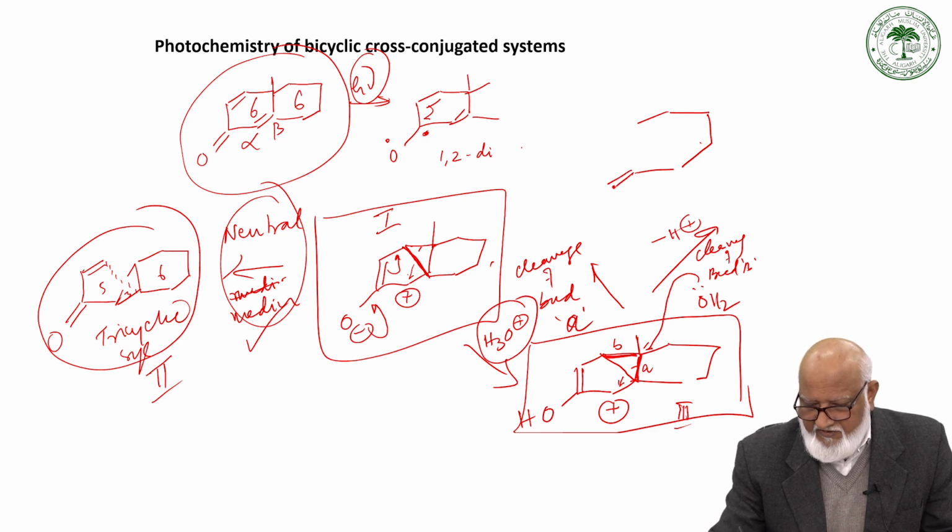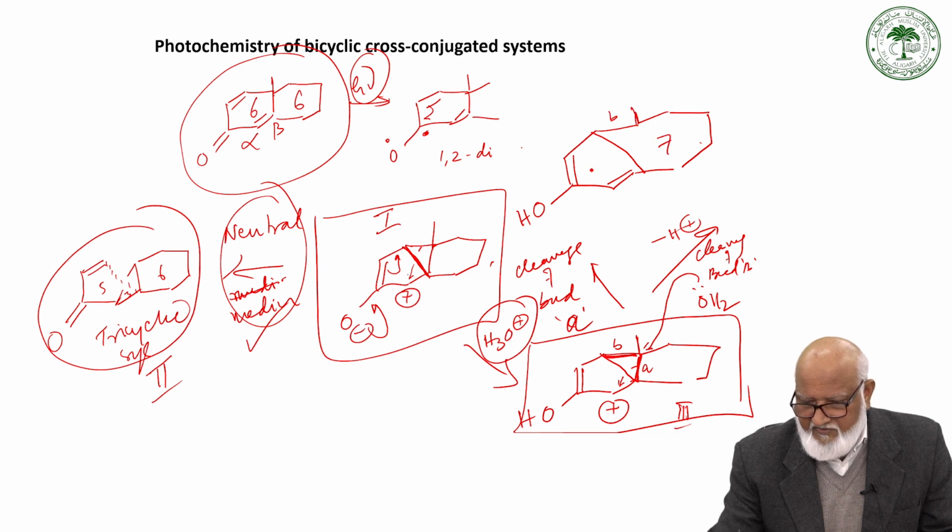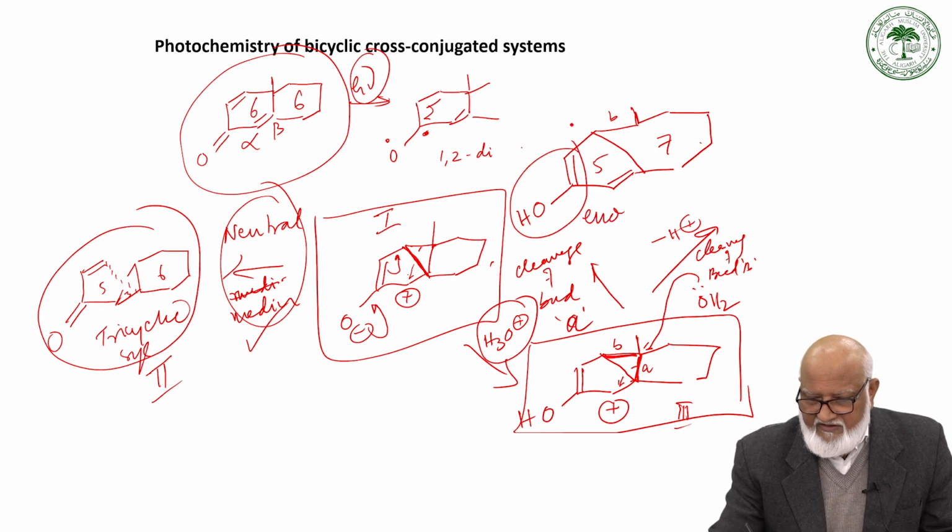You have a double bond here, OH, and then this is bond B, this is a methyl group, this is a 7 member ring, this is a 5 member ring. So this is the ring expansion product, and of course this is the enol form. This enol gets tautomerized to the keto form. So we can see the 7,5.